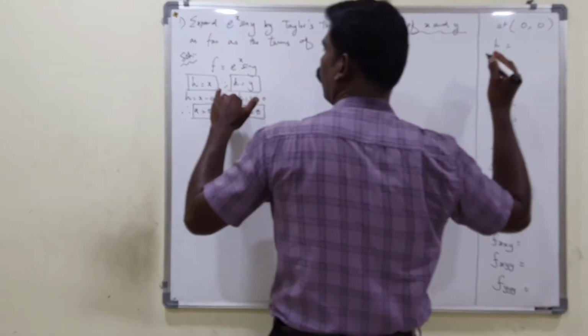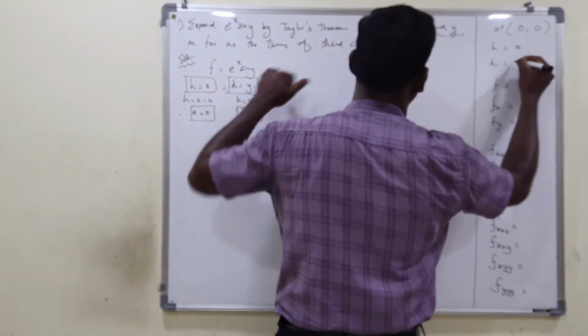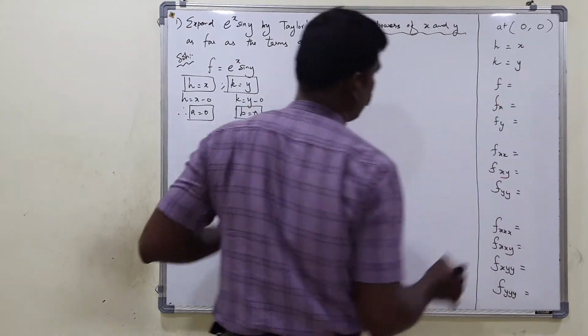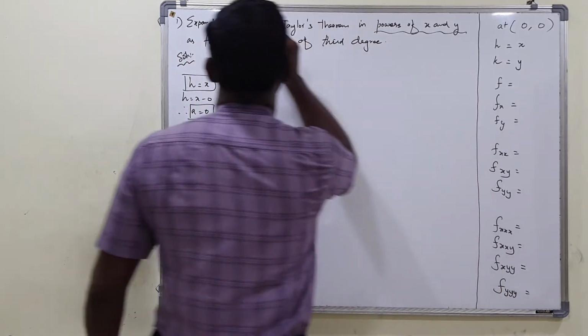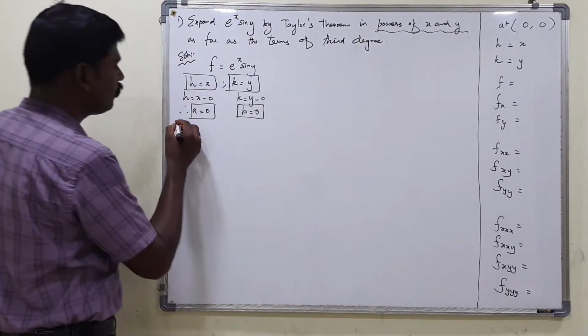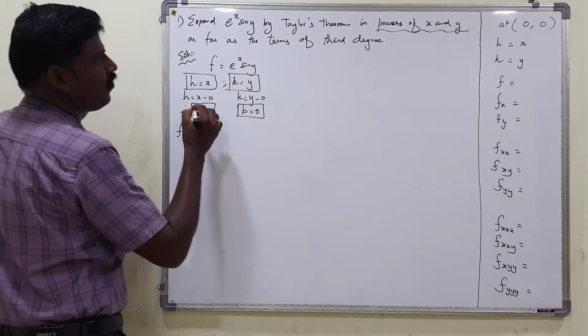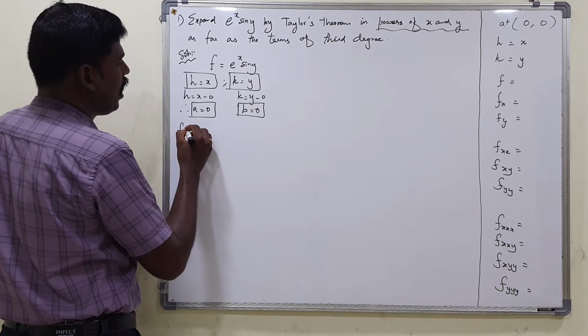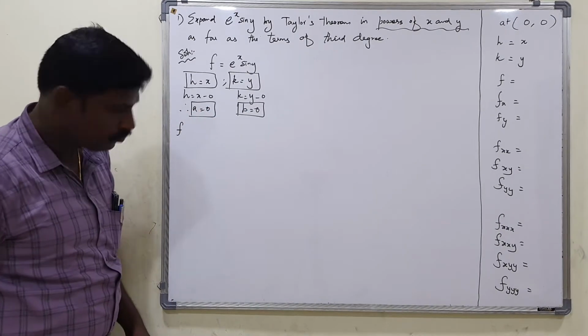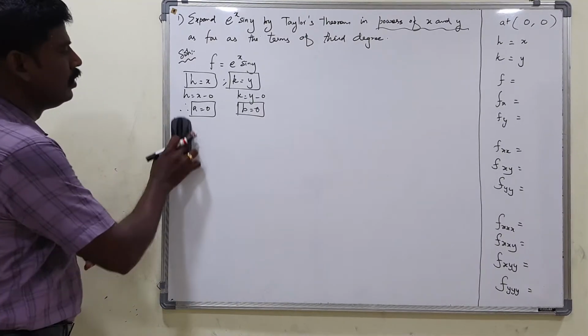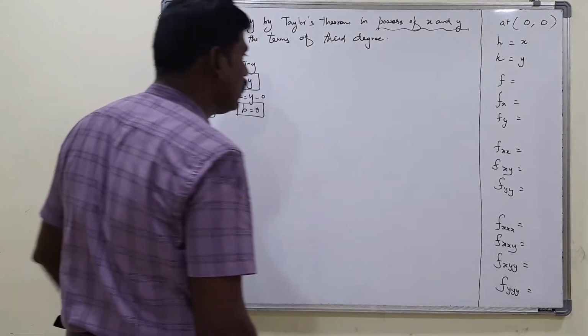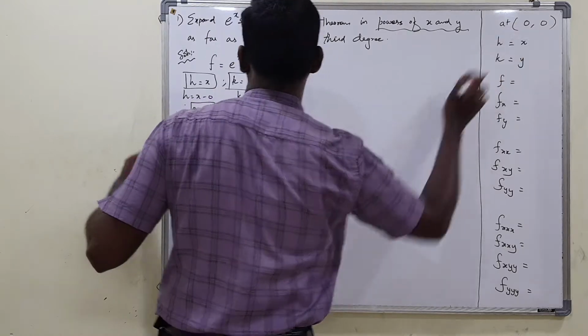What is h? Already given in the problem x and k is y, okay? So what is the given function? E power x sin y, right? So f of x comma y. I am going to find out the values of all these partial derivatives at this point 0, 0, right?